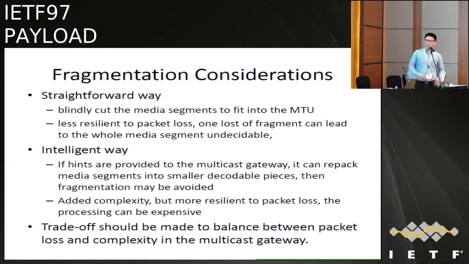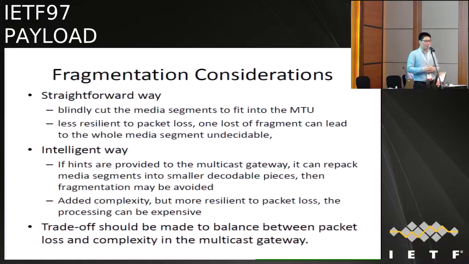let the multicast gateway do it in a more intelligent way. There are several ways to do it. If the media format in the segment is very simple, maybe with a fixed length, we can just cut it by offset, which is a quite simple operation.